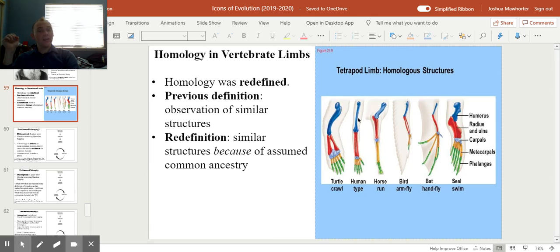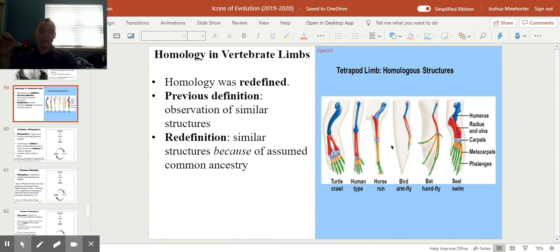But then we want to think, why are those structures similar? Why are they homologous? And so we redefine homology to mean they are similar by definition because they had a previous common ancestor. Now we've got a logical problem, because what we started out to prove was that they had a common ancestor.